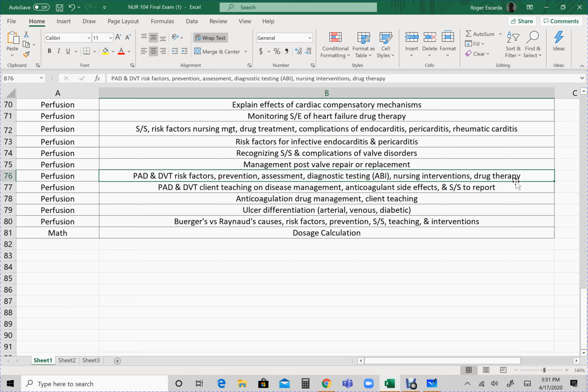Remember, DVT drug treatment is anticoagulation, which is on the next line. So if a patient is receiving heparin and or warfarin, which are our most commonly used anticoagulants, how do you manage it? How are they given? Why? And signs and symptoms to report.